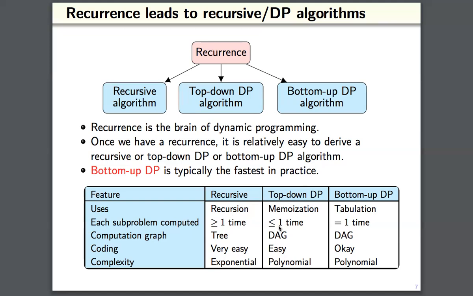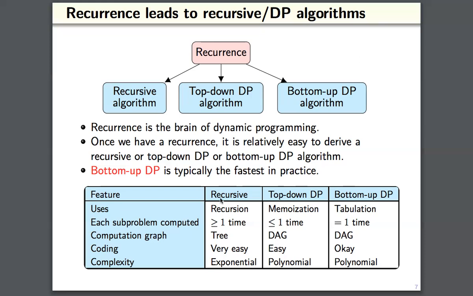In top-down DP, every subproblem might be computed 0 times or 1 time. Why 0? Because if that subproblem is never used for your final answer, you will not compute it. So 0 times or 1 time. What about bottom up? In bottom up, every subproblem will be executed exactly once, whether you use it or not.